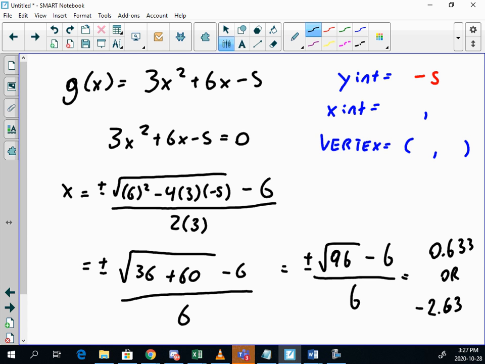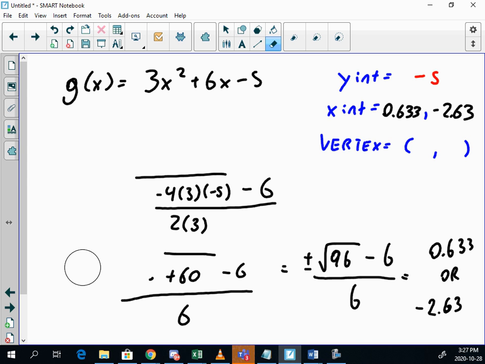And those become the x-intercepts that I want to deal with here. My x-intercepts are 0.633, or just about that anyway, and -2.63, or just about that anyway. Okay, awesome. That's great. Let's talk vertex.